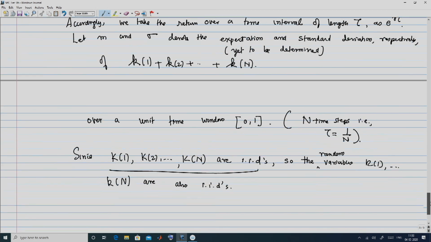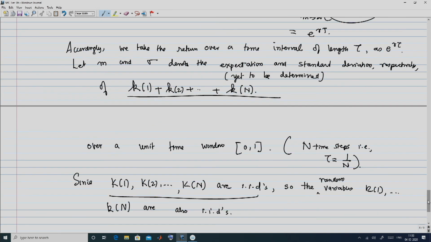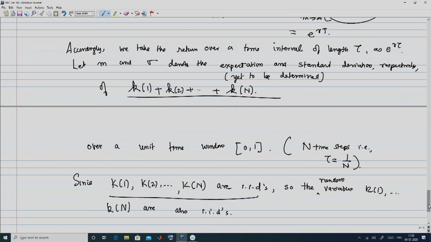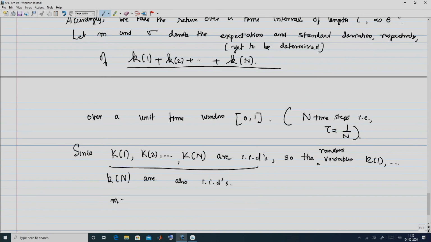Now, let us go back to this. I said that m is the expectation of this random variable. So, that means I can write m is equal to expected value of k1 all the way to kn, and this by the linearity property of expectation, which we discussed earlier.